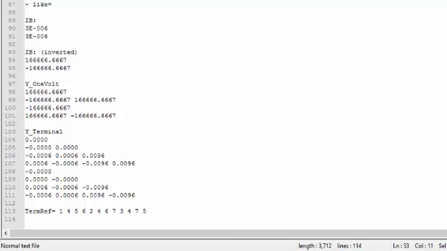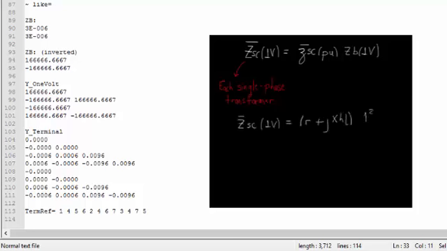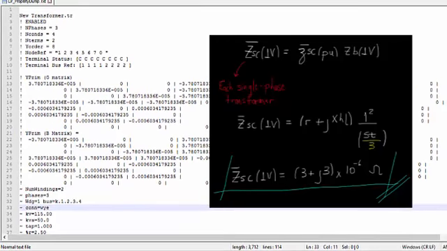Then, we can say that ZSC in a 1 volt base is equal to ZSC per unit times 1 squared divided by St over 3. That is equal to 3 plus 3j times 10 power of minus 6, exactly the value shown in the dump report.